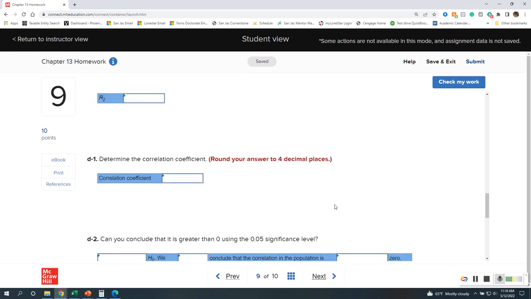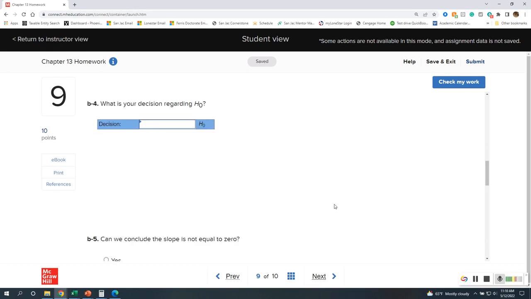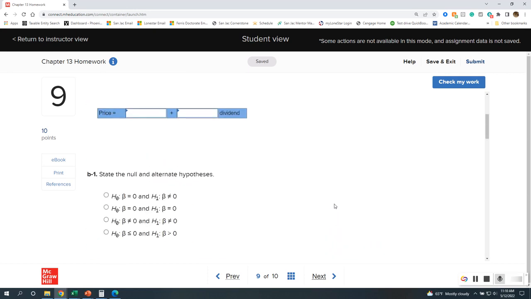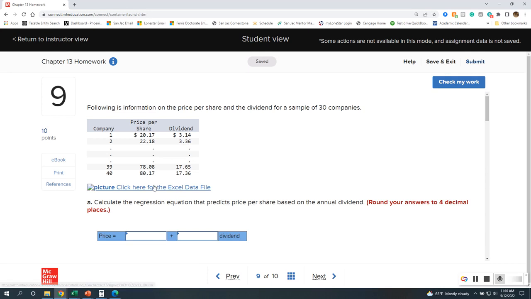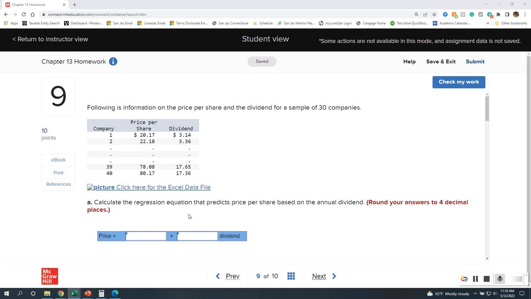Alright, question 9 in itself looks like a lot of information that we could just pull from regression data analysis. So we're going to do that. So let it open. Again, we're dealing with 40 numbers. And notice this. Price equals.